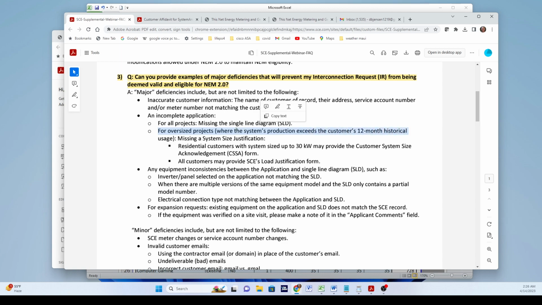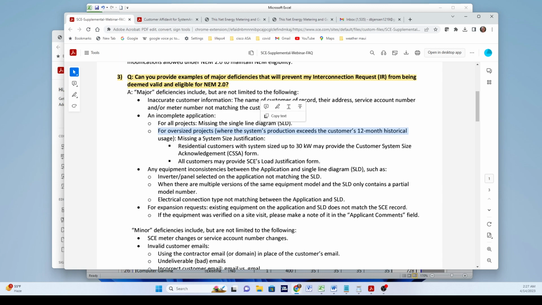And they basically say that is where your system production, on the system you designed and you've clicked calculate on the form, ends up being higher than what your bill was.